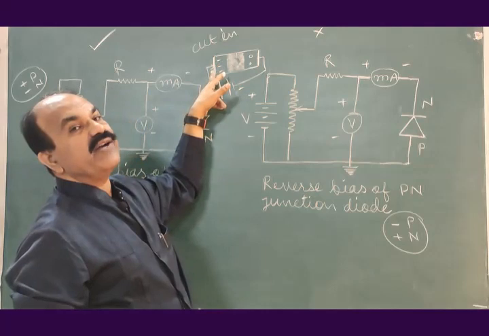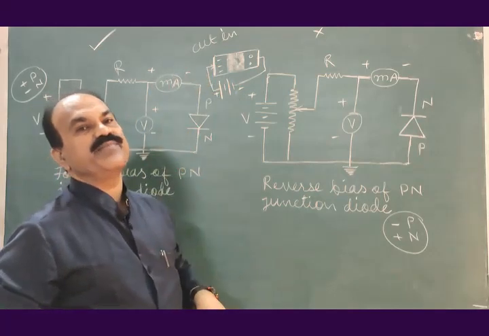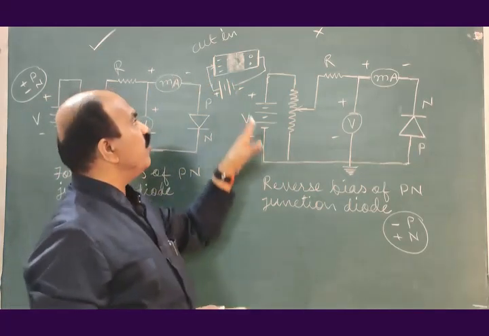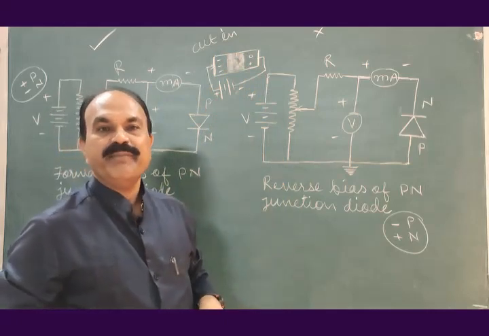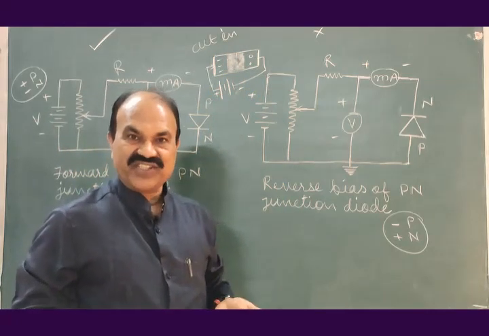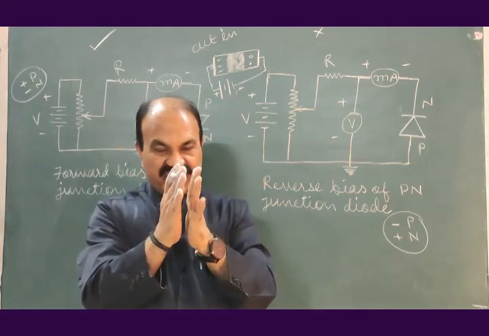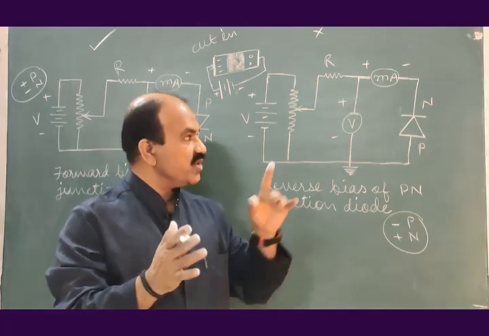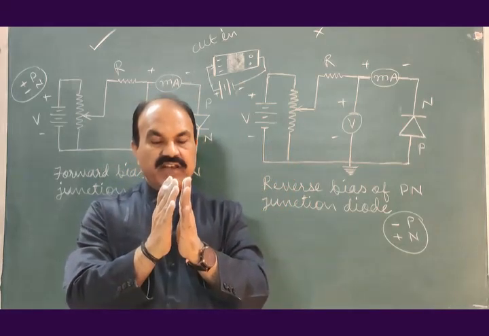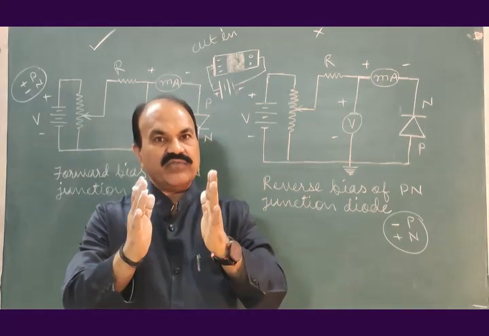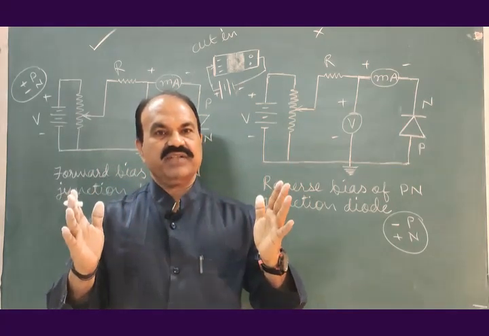Electrons are moving back to the end of N type. No electron, no hole is crossing the PN junction, crossing the depletion region. Instead of narrowing the depletion region, because of reverse bias there will be widening of the depletion region.